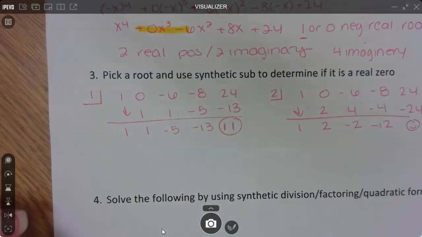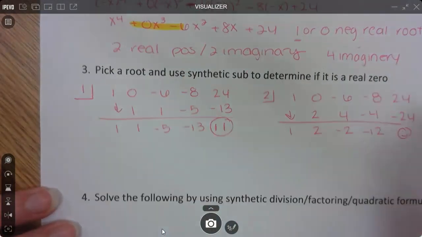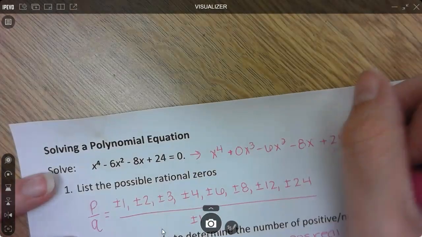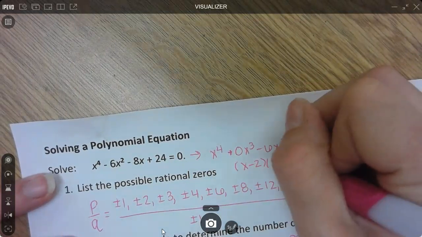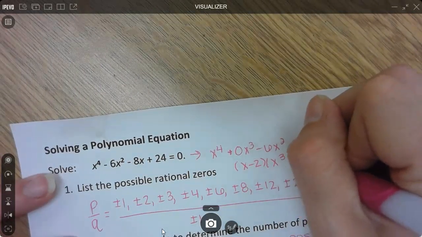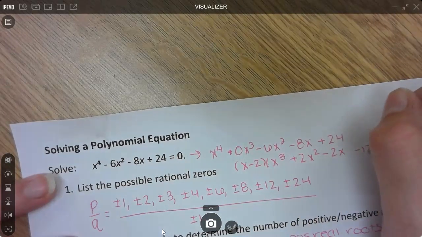Negative 24 does in fact work, so that makes us happy. So that means that this factors into x minus 2, leaving you x cubed plus 2x squared minus 2x minus 12.